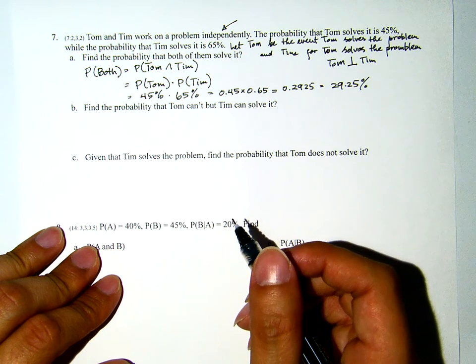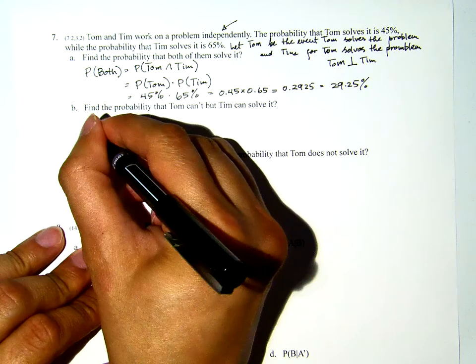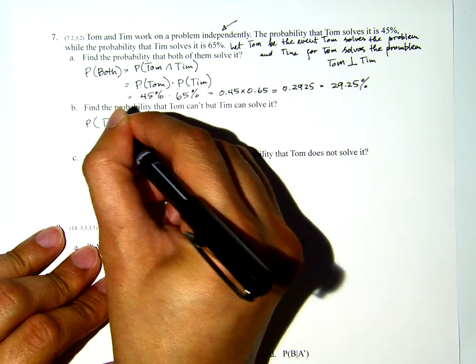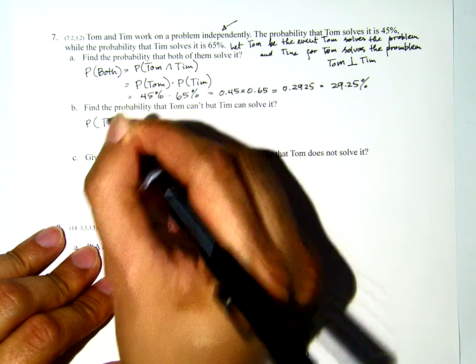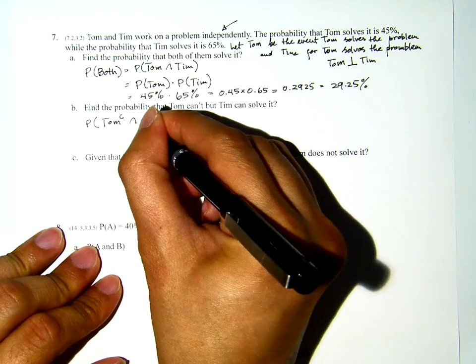Part B, find the probability that Tom cannot but Tim can solve it. Probability that Tom cannot solve it, right? But Tim can solve it.